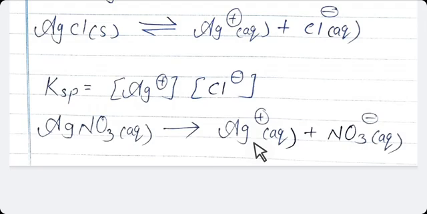That's why the solubility of a sparingly soluble compound decreases with the presence of a common ion in the solution. Here in this example, in these two reactions, Ag plus is the common ion in this solution. That's why the solubility of AgCl decreases.